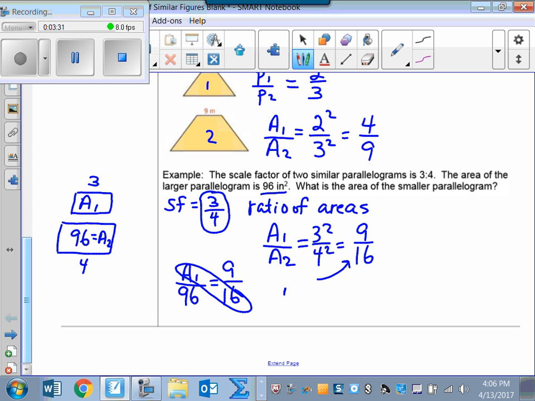So what I'm going to have is 16 over 96 equals 9 over A1. And the reason I did that is because 16 goes into 96 6 times. So that makes that a really small fraction over there. And when I cross multiply, I get A1. The area of the first one is 54 square inches.